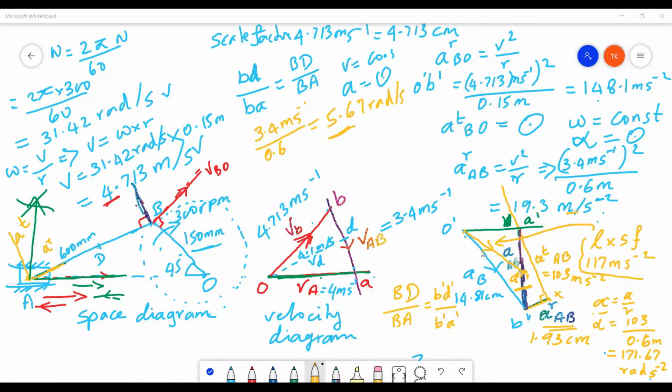Each velocity link will have a tangential and radial component. So if you have a triangle of velocity diagram, three velocities, you will have six accelerations.